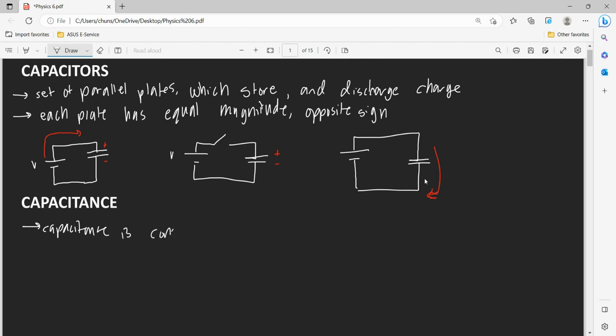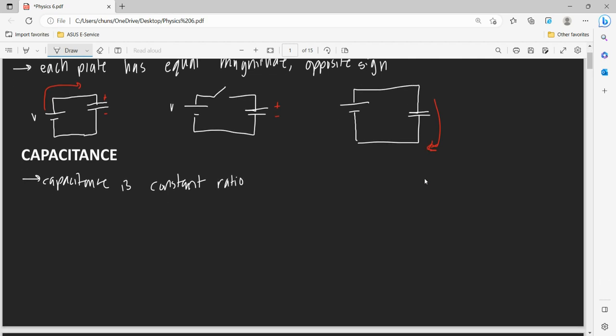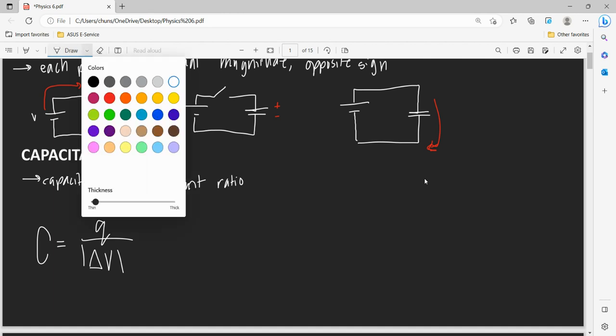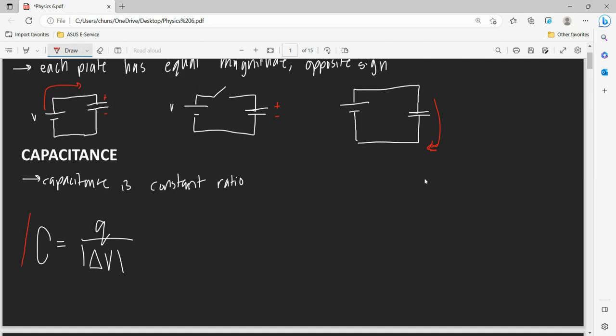You're going to see how this is in an example question. Capacitance is represented by charge over our potential difference. So this is the main equation that we'll be using for our problems.